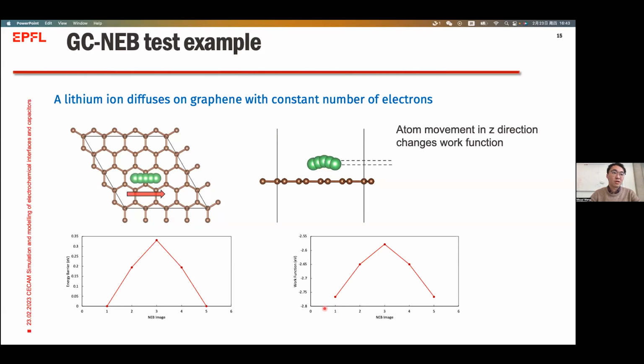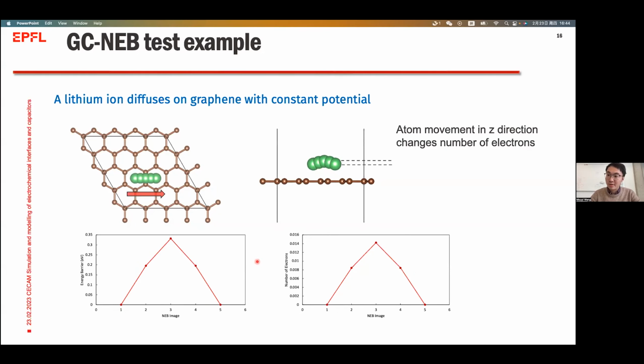Here the x-axis is the NEB image and the y-axis is the work function. We have the work function changing with respect to the lithium atom moving, and we have an energy barrier.